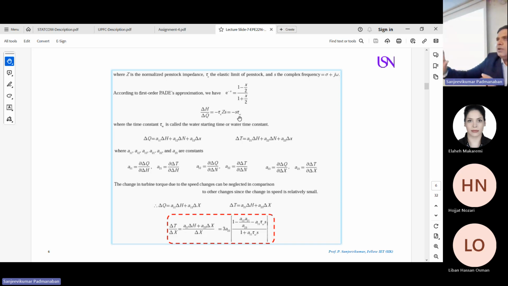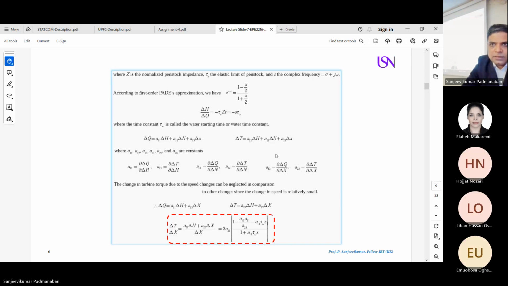So now this ratio is directly proportional to your s function. Directly proportional to s, and also directly proportional to tau w.